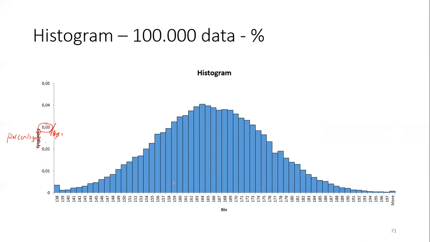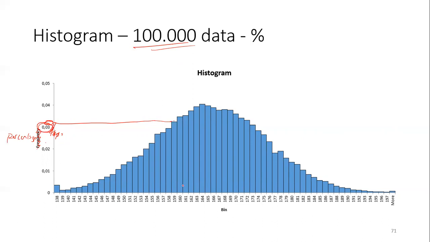Now if somebody asks you what is the probability that somebody comes into the class and his height is 159, then you don't need to find the number here and divide it by this number. You can just directly say this number, which is 0.03.